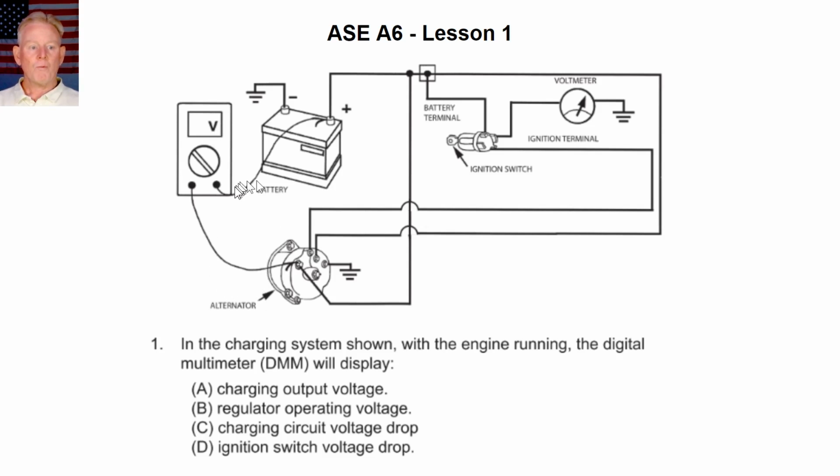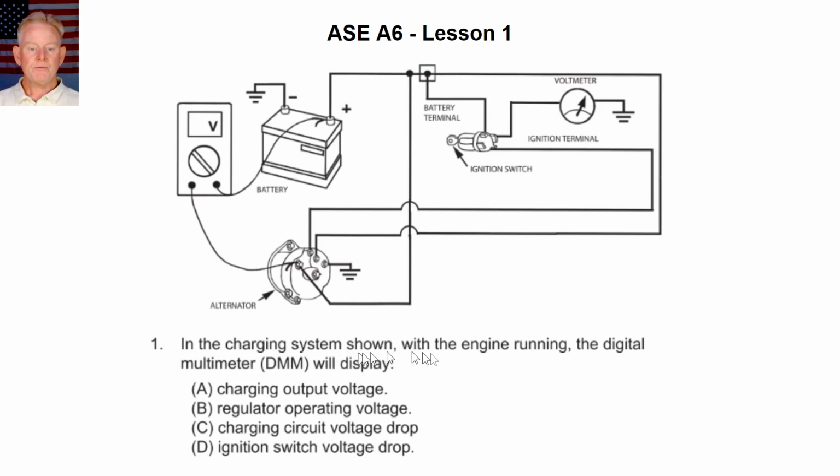And we see that one lead is hooked to the positive side of the battery, and the other is hooked over here to a terminal on the alternator. So let's read the question, read all four answers, and then start figuring out how we would put together our choice for what we would select on this question.